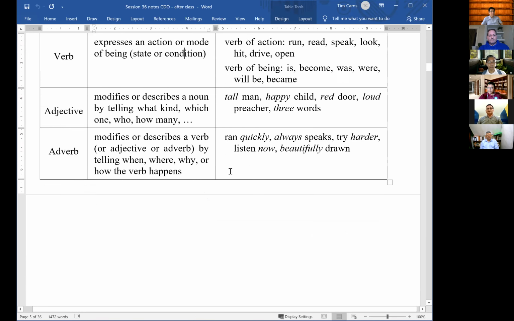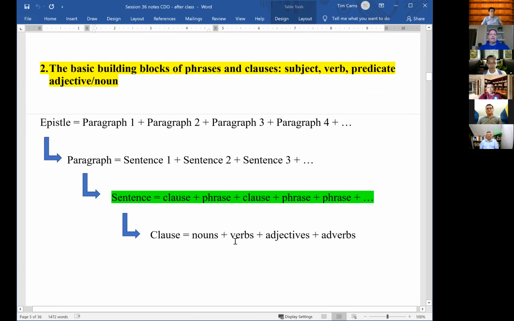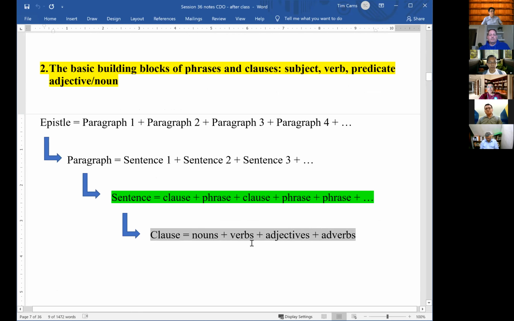and adverbs. Okay, now what I want to do is sort of go back up from the bottom, go back up our diagram here, our figure. We've looked at the clause again, or the phrase, which is made up of these four basic components. Now I want us to look at clauses and phrases in terms of how they build a sentence. All right.